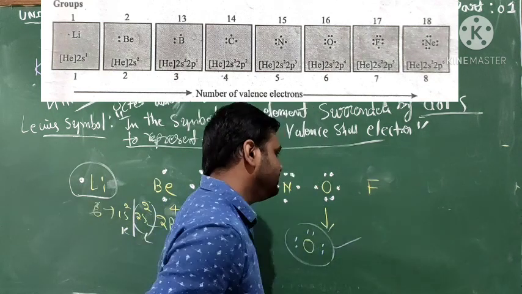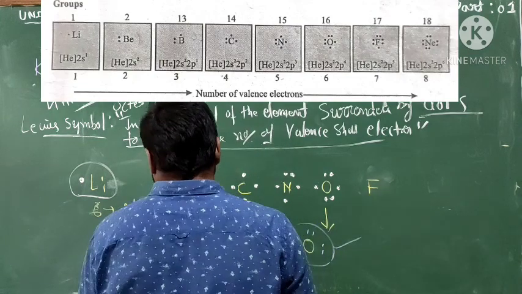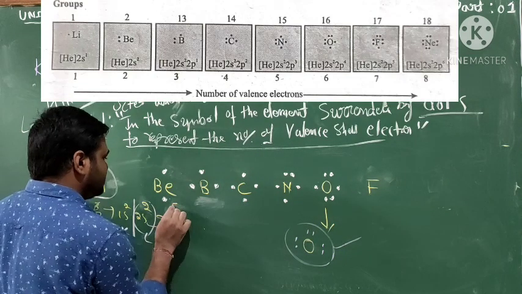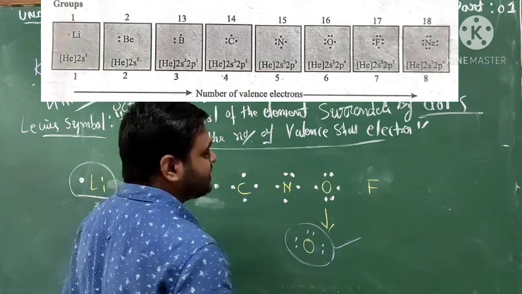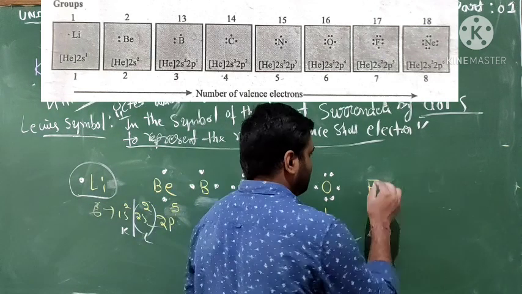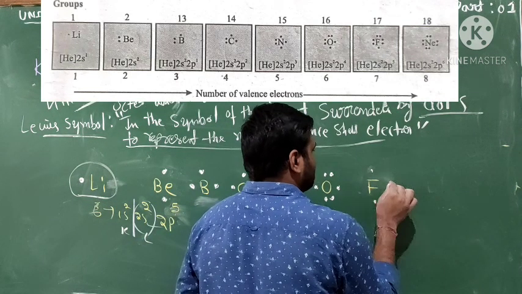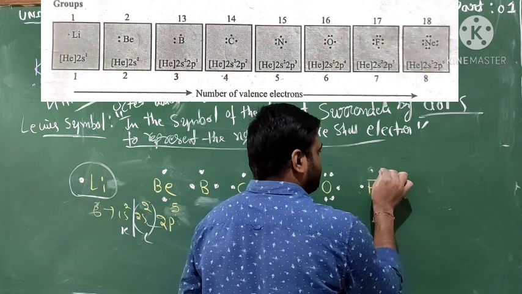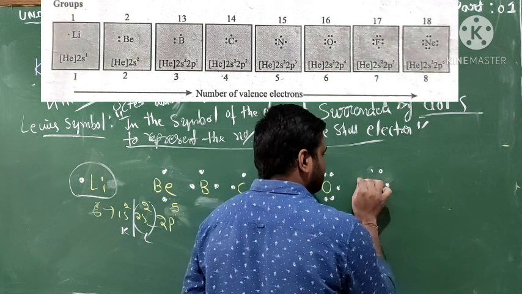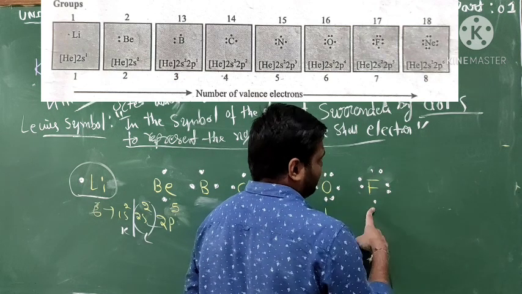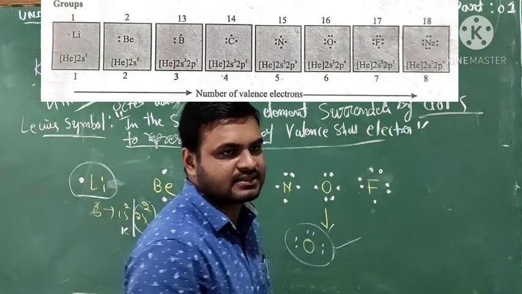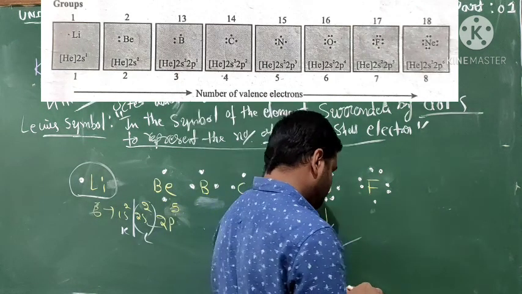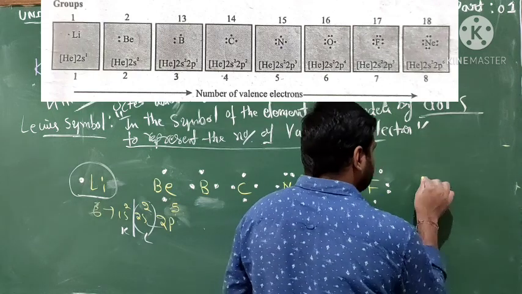Then fluorine. Fluorine has one more electron, so 5 plus 2 is 7: 1, 2, 3, 4, 5, 6 and 7. One less than a full octet. Okay, so next is neon.